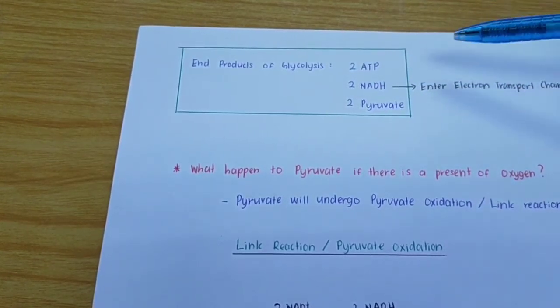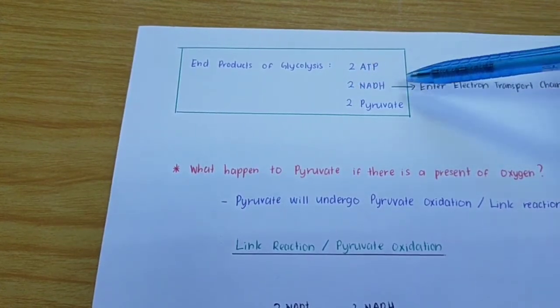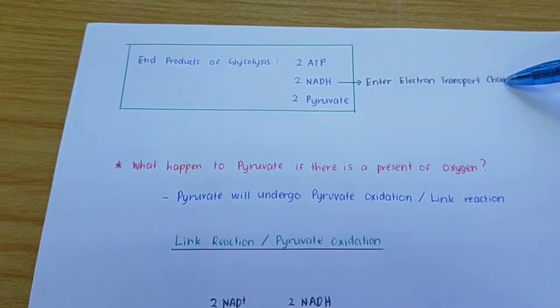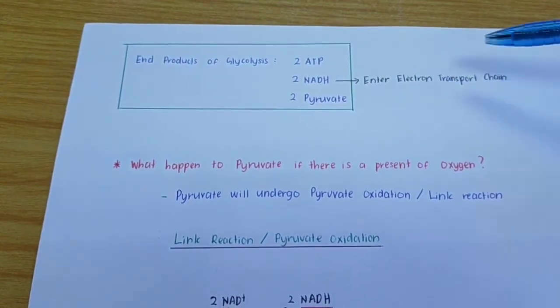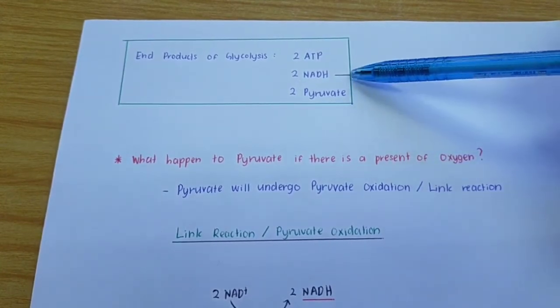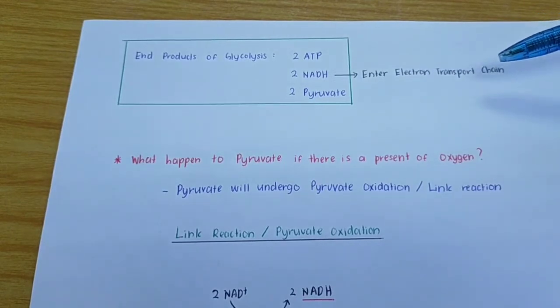And also from this glycolysis process, it will produce 2 NADH. So what happened to these 2 NADH? They will enter the electron transport chain for oxidative phosphorylation, and it will also produce 2 pyruvate. So you have to remember what the products of glycolysis are.